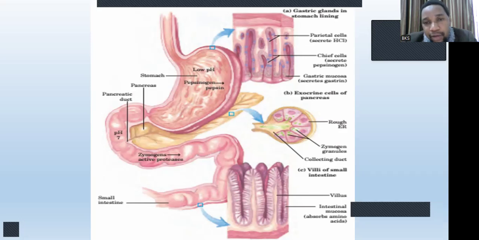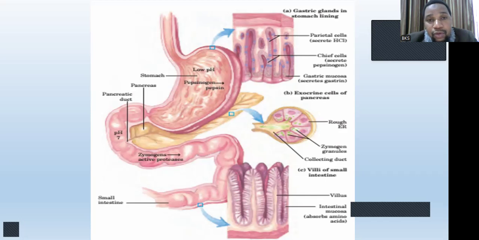But when we're talking about chemical digestion of protein, it starts in the stomach. So when you eat a food that contains protein, that food will be broken down into pieces in the mouth and then swallowed, taken down to the stomach. Once it reaches the stomach and the gastric epithelial cells sense the presence of the food, they will secrete a hormone called gastrin.